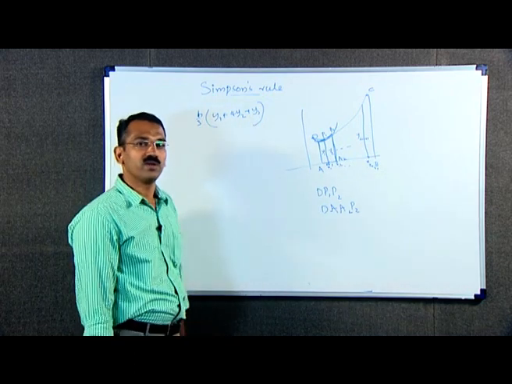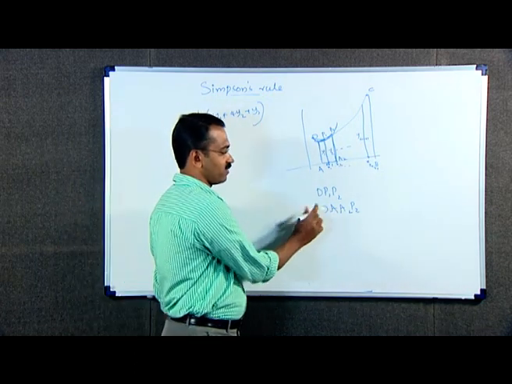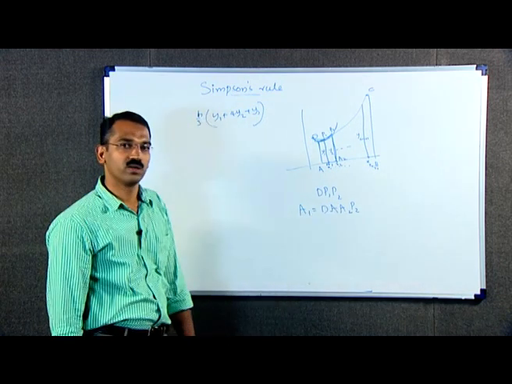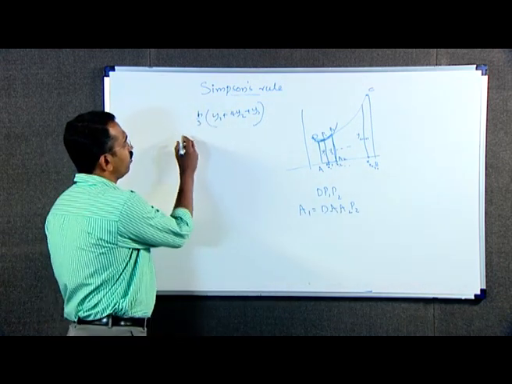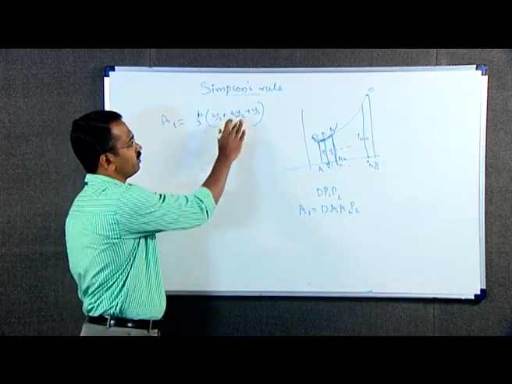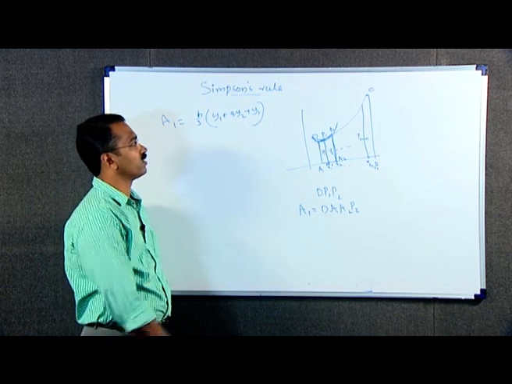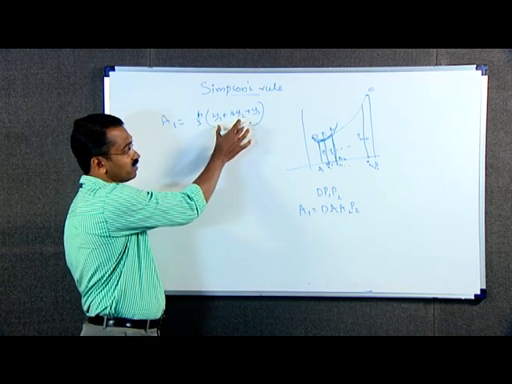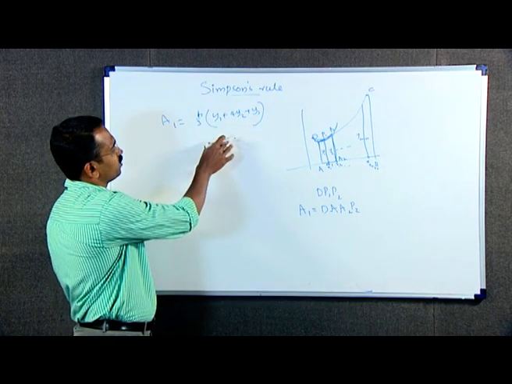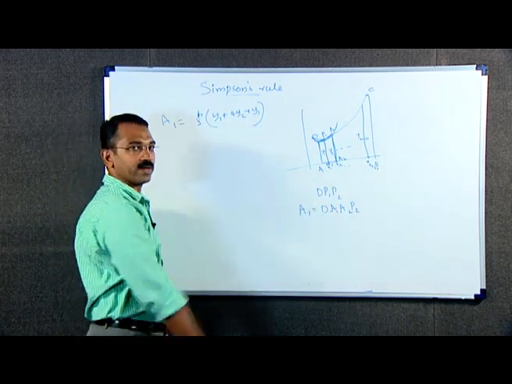Hence, if we name this area as A1, we get A1 is equal to the area under the approximating parabola, which is approximately equal to the actual area.